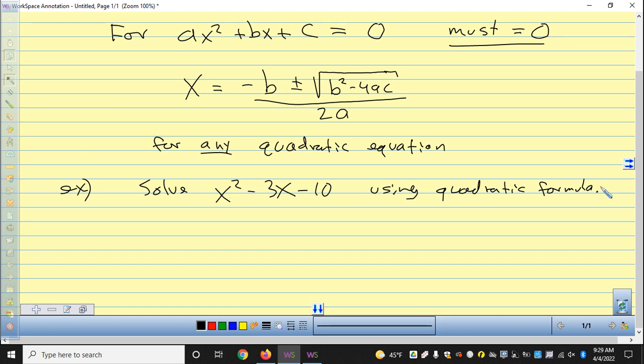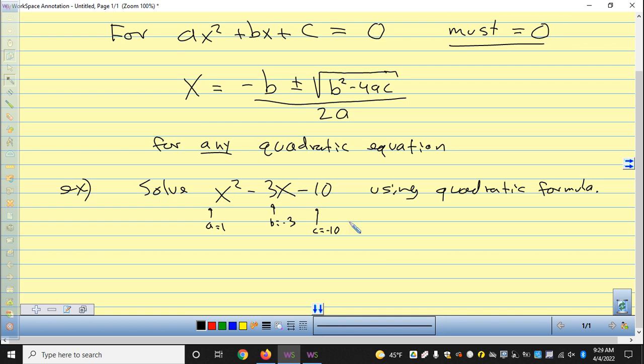Are there two numbers that multiply to negative 10 and add to positive 3? 2 and 5. So we could factor this one, right? Factoring would probably be easier. If we can factor, usually it's probably easier. But we're using the quadratic formula because the problem tells us to use the quadratic formula. And the quadratic formula always works. Here we have a is 1, b is negative 3, and c is negative 10.